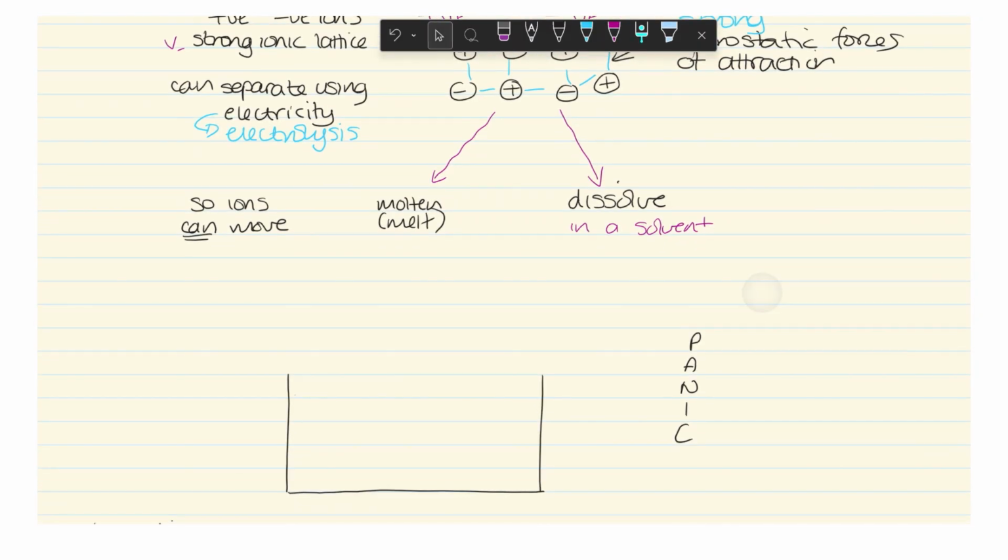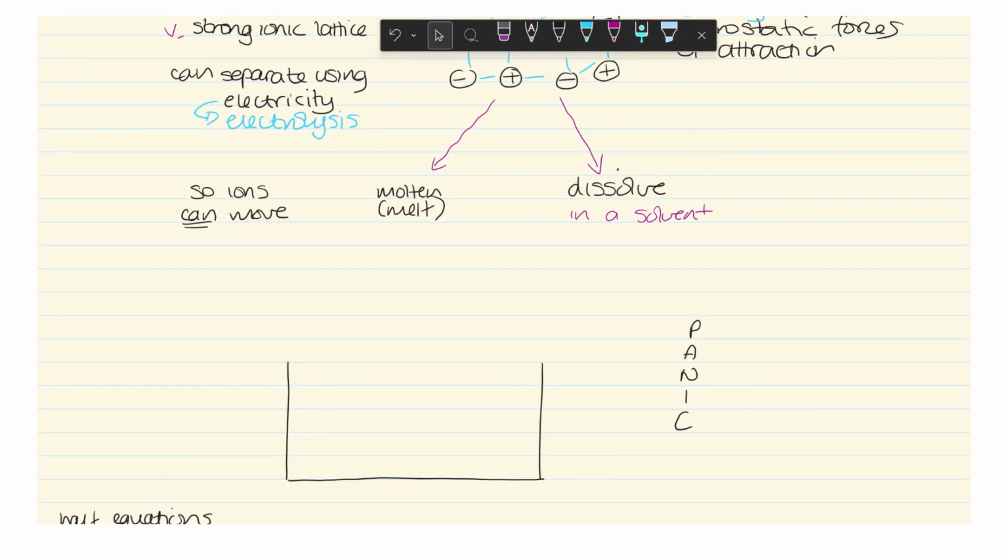Ultimately, we need to make our ionic compound either molten or dissolve it in a solvent so that the ions can move. And when we've done that, we say we have formed an electrolyte. That is the liquid of our ionic compound where the ions can move.